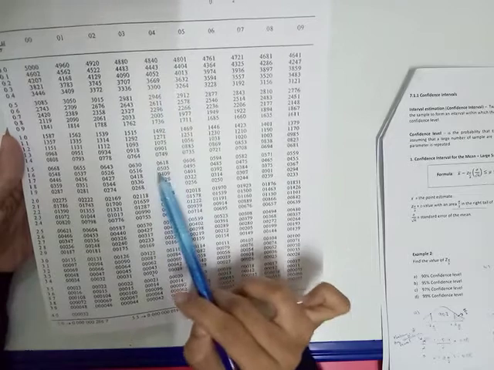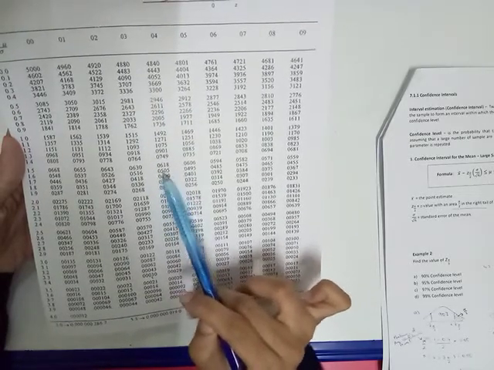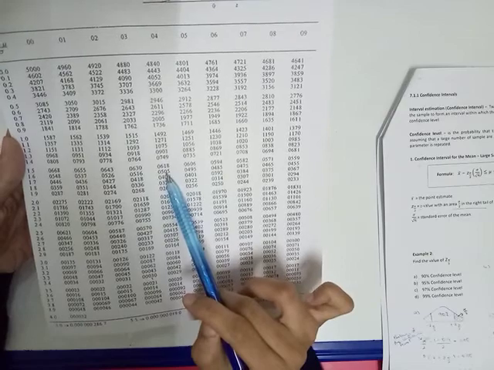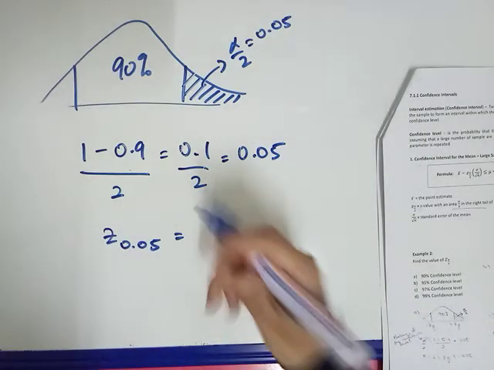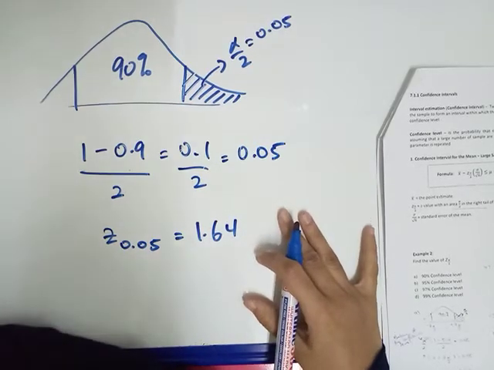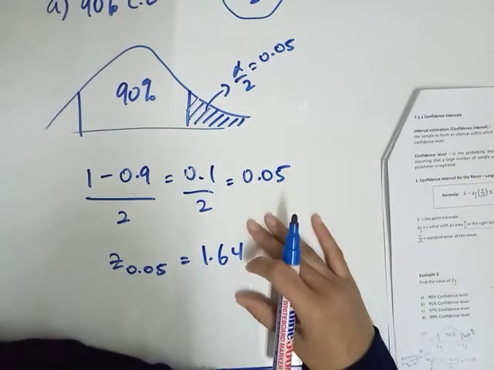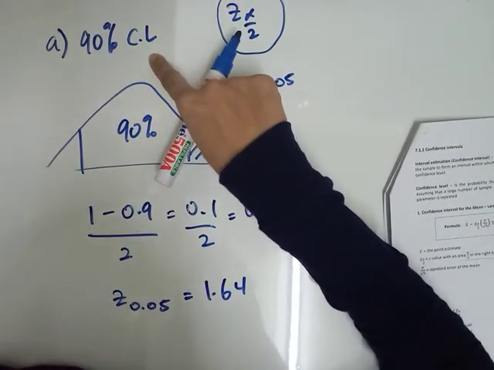So the z value is 1.64. This is how to find the z value using the confidence level given in the questions.